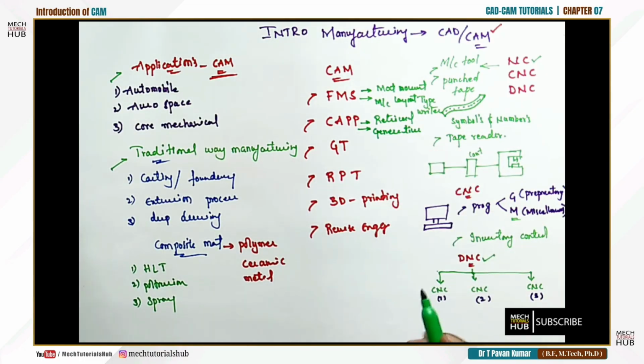CAP nothing but computer aided process planning. You can process the complete plan by using any of these softwares. Retrieval type will help you to use the already existing program or process or the route sheets related to the previous projects, and that can be edited and fed back to the system to use it for further projects.